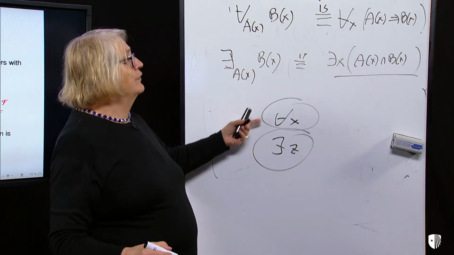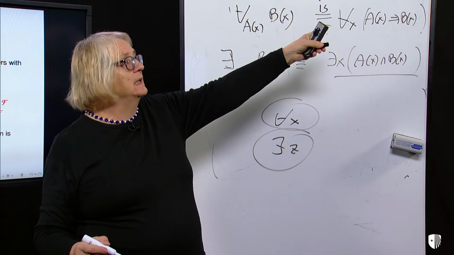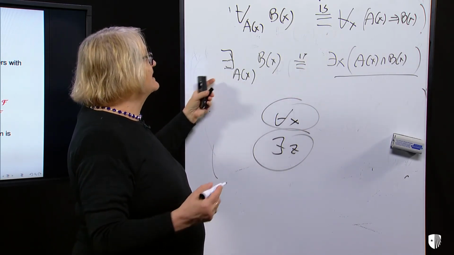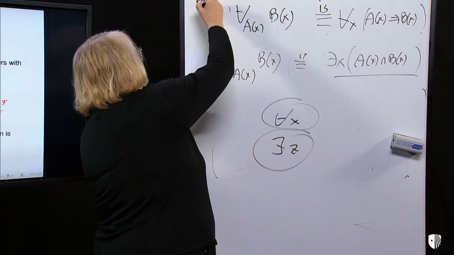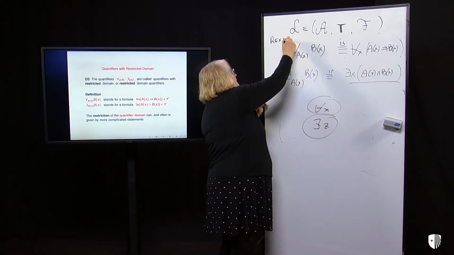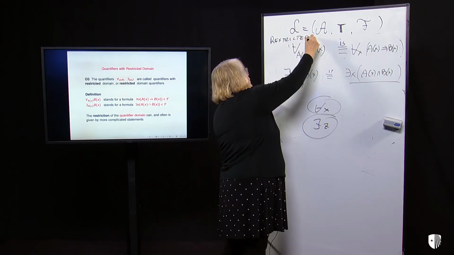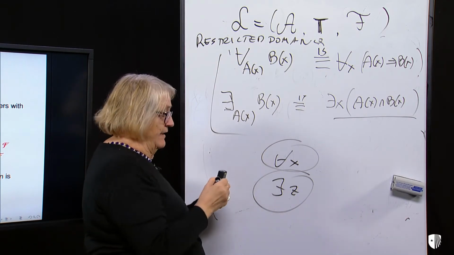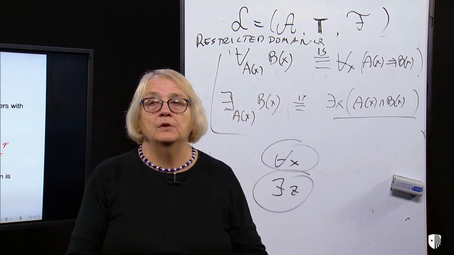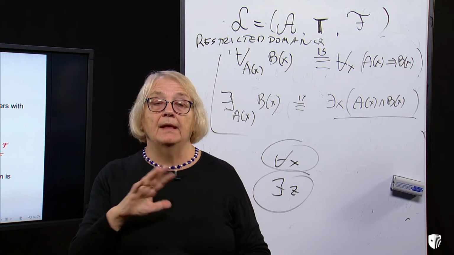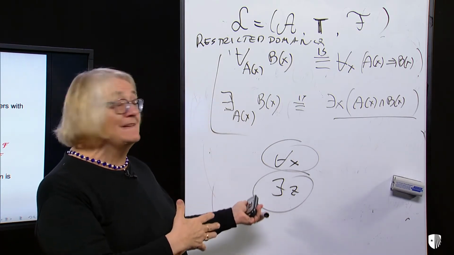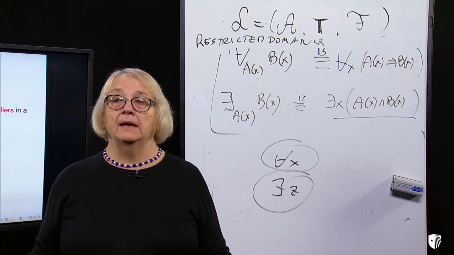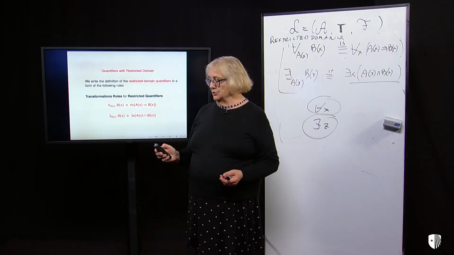The laws for the logic formulas of predicate logic are different than the laws for restricted domain quantifiers. They are very important and useful, but when you reason with them, you have to be more careful. These are called transformation rules.